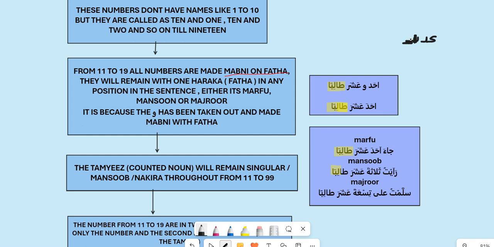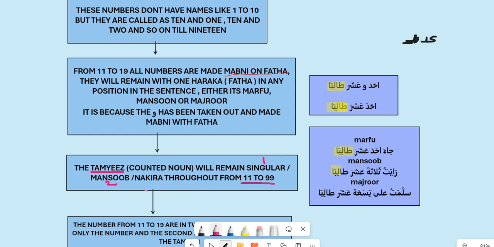And what about the counted nouns from 11 to 99? As you can see here, 11 to 99, what happens? The counted nouns are called tamiz. And it also has a structure that has to be followed. So what is the structure of tamiz? Now there are three important points about tamiz. They are singular, they are always mansub, and they are always nakira.